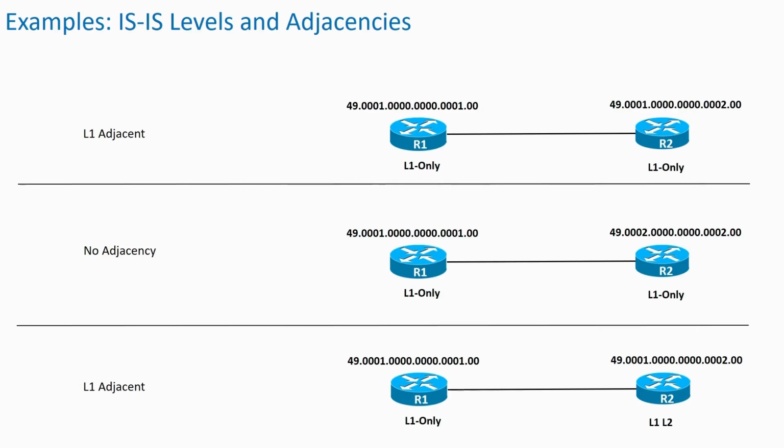Now let's see how the ISIS levels configured on the router can impact the adjacencies. In the first example, there are two routers, router 1 and router 2. Both routers are L1 capable. In this case, they will form L1 adjacency because both belong to the same area 49.0001. In the second example, both routers are L1 capable but they belong to different areas.